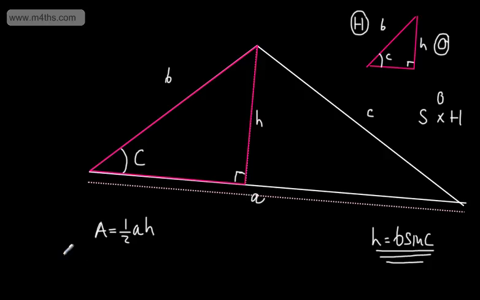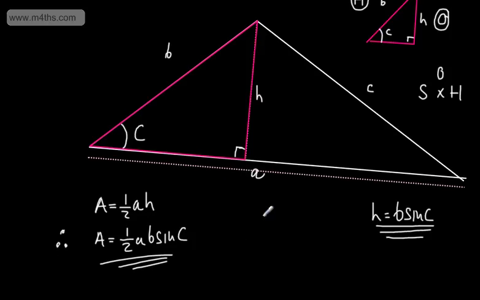I'm going to put therefore, so using my therefore symbol, the area is going to be 1/2 a. Instead of h, we're going to have b sine C. This formula is given in the exams.